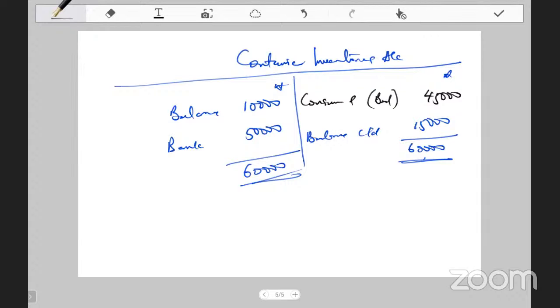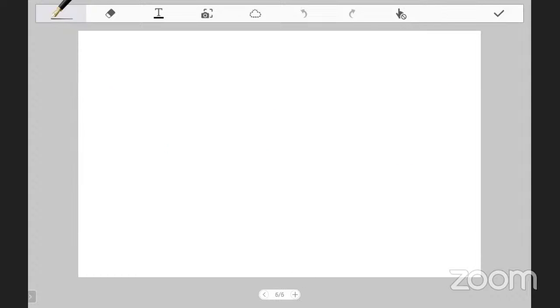Okay, that's very simple. Let's go to the next type of container. What's the next type of container that we have? It's called what class? Returnable container.